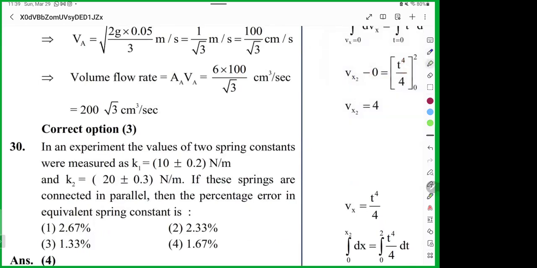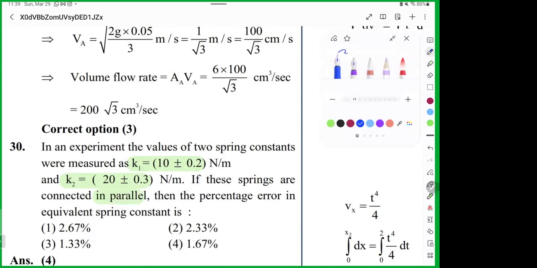In an experiment, the value of two spring constants is K1 this and K2 this. If these springs are connected in parallel, what will be the percentage error in the equivalent spring constant, the final spring constant you have? Yesterday I taught this topic.